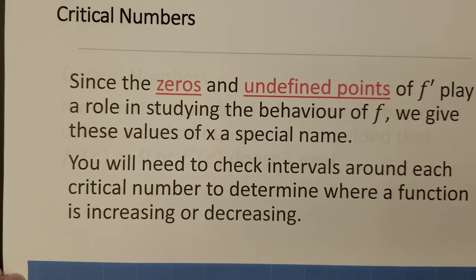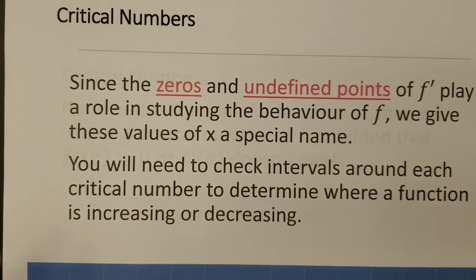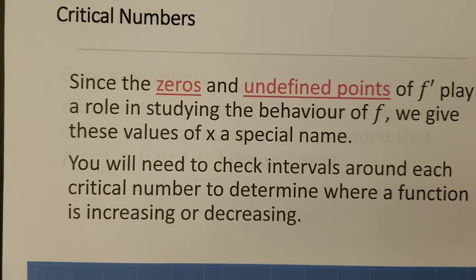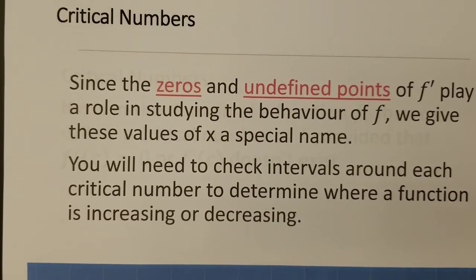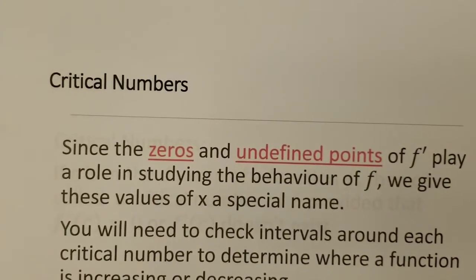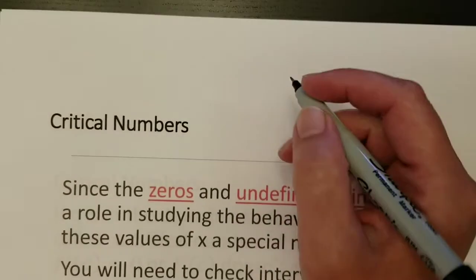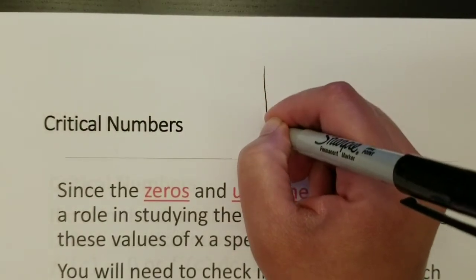The only way a function can switch from increasing to decreasing or vice versa is for somewhere in the middle for the derivative to equal 0, for instance, like at a turning point, or for the derivative not to exist, which might happen at an asymptote, or it might happen at a cusp, or some other kind of example like that. So I'll just kind of sketch this out.